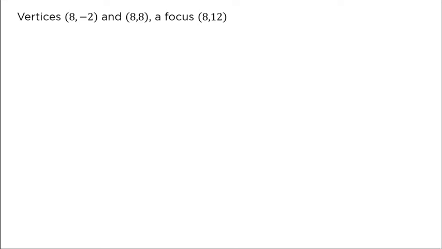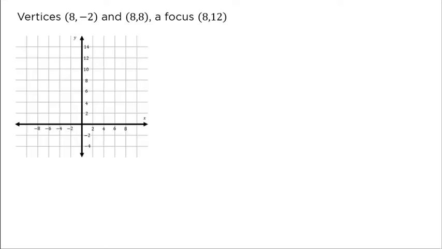So suppose this is our xy plane. The vertices are (8, negative 2), which is located here, and (8, 8), which is here, and the focus is at (8, 12). You can see there that the points are vertically aligned.